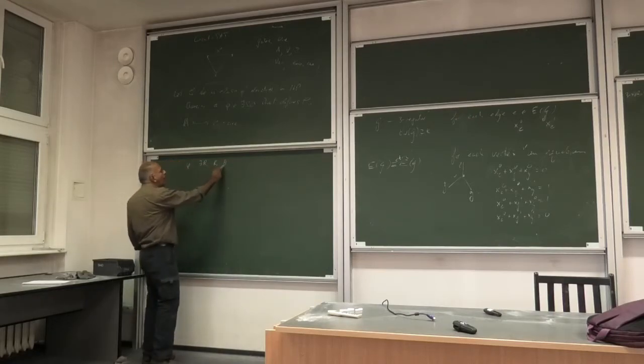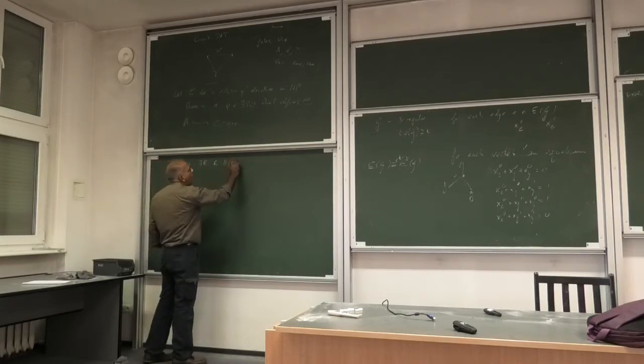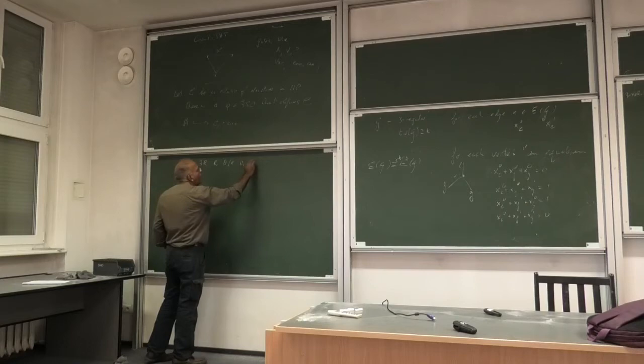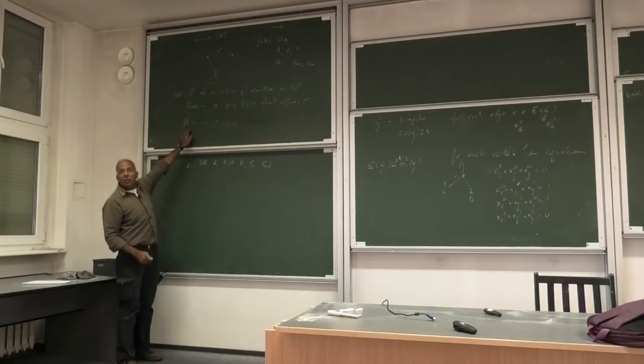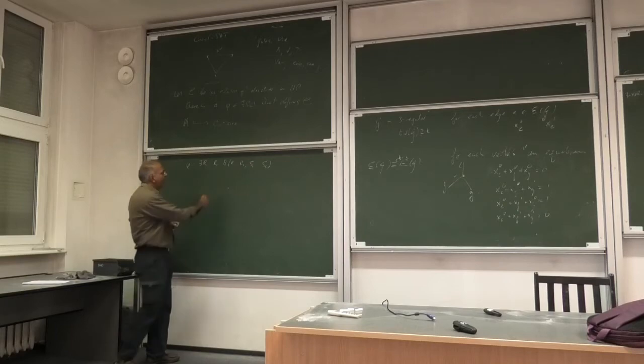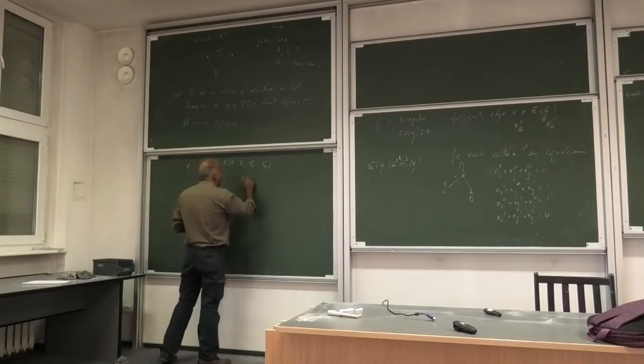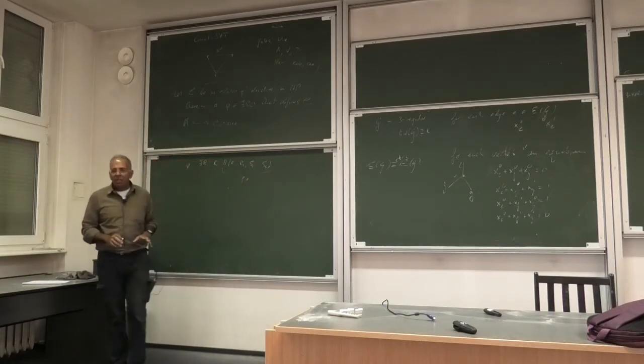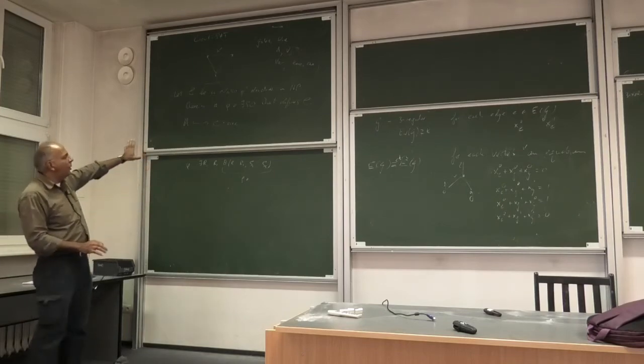Now theta is a formula which can use these relations R1 to Rr, but also has other relations, let's call them S1 to Ss, which are basically the signature of A. This is a first order formula, and this is fixed. This is independent of the structure A.